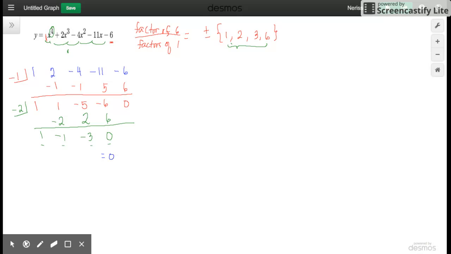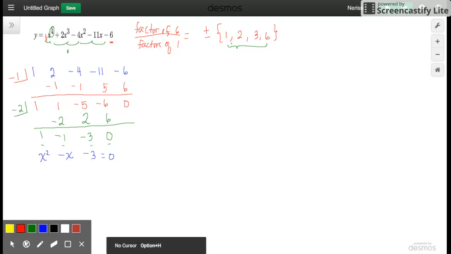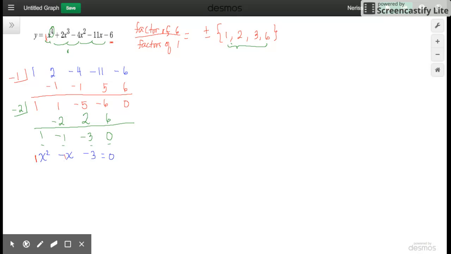This is the constant term, negative 3. This is the x variable, so negative 1x. And the last one is 1x squared. So again, here's the coefficient, 1, negative 1, and then the negative 3.